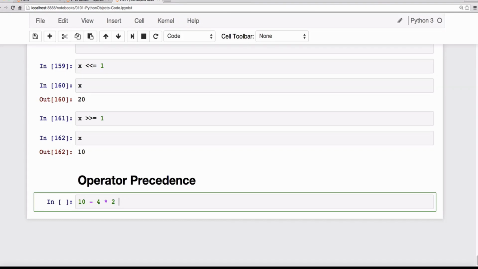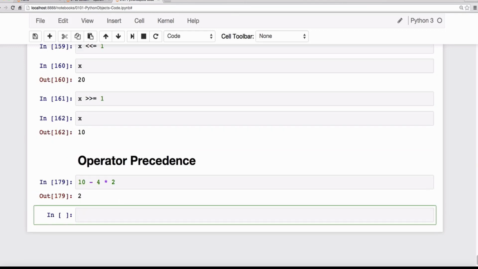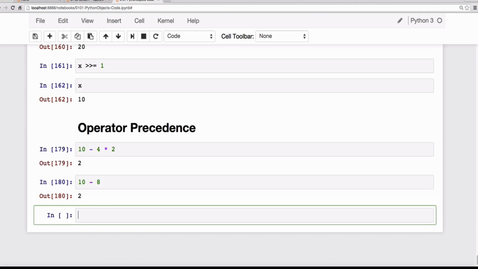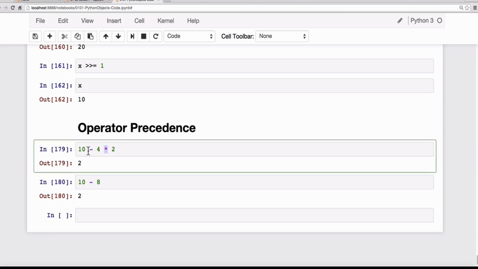Let us see how the Python interpreter executes this. Multiplying 4 with 2 gives 8, and 10 minus 8 is 2. So the Python interpreter executed the multiplication first, and then the subtraction.